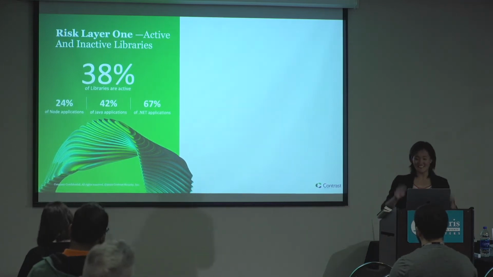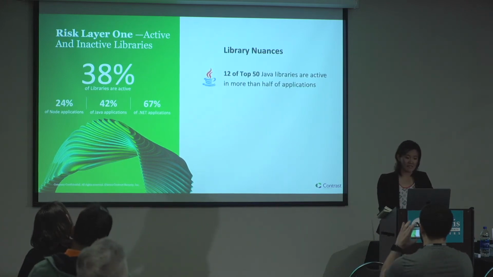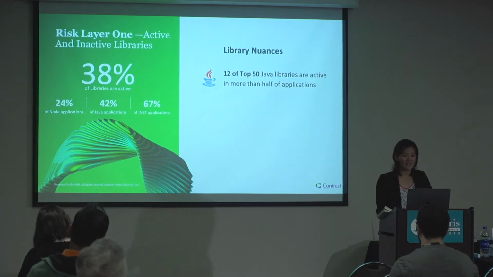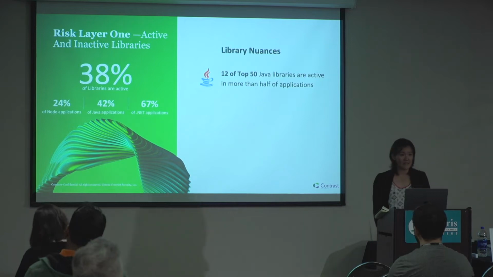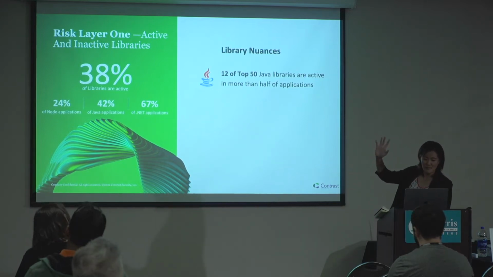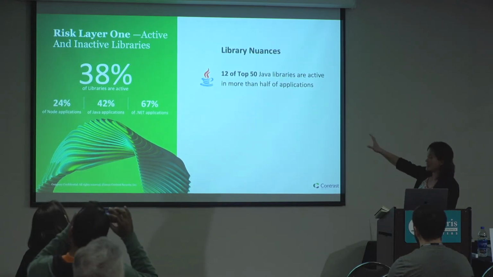Yes. So sorry. All right, but some nuances here. 12 of the top 50 Java libraries are active in more than half of applications. So even if only 42% of the libraries in a Java application are active, 12 of the top 50 are in more than half.